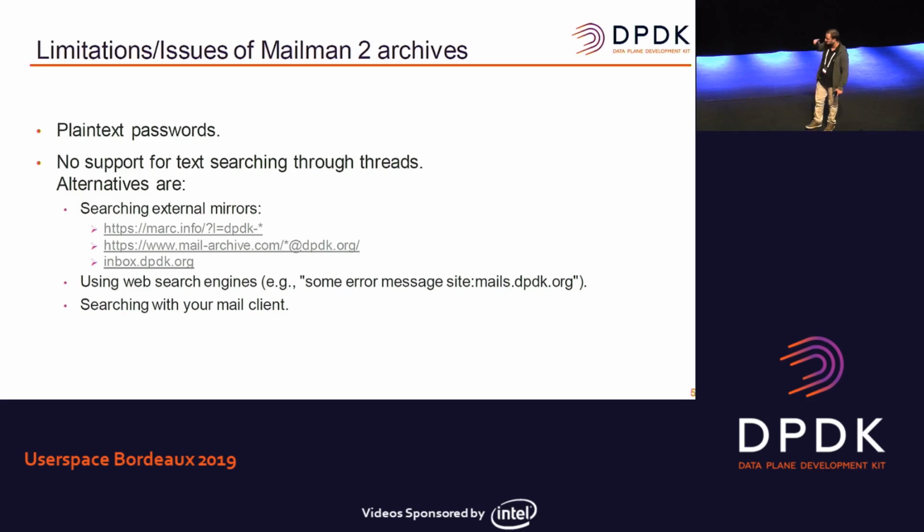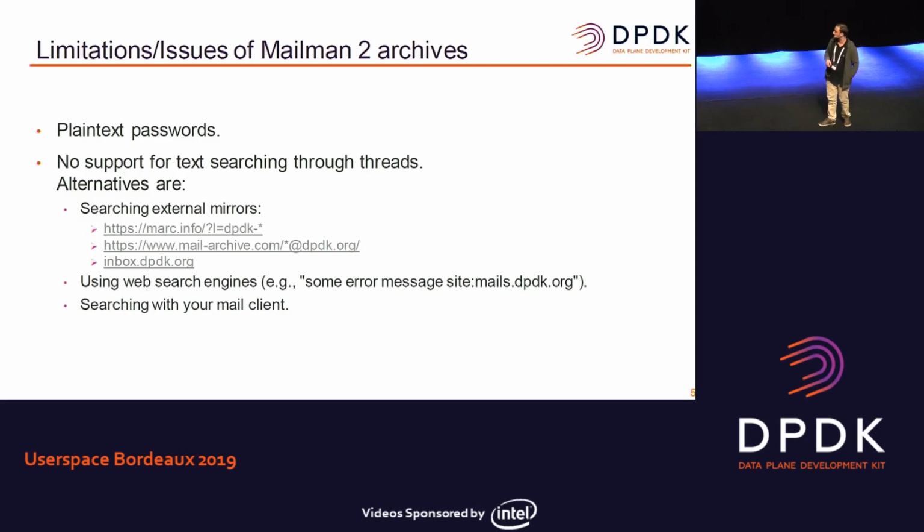One of them is, actually, this isn't an issue with the archives. This is an issue with the subscription system of Mailman 2, which is that it stores passwords in plain text and it also sends them via email to users, which is bad, obviously, for so many reasons.